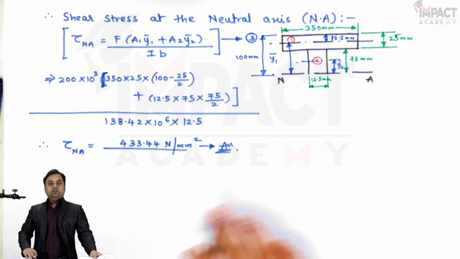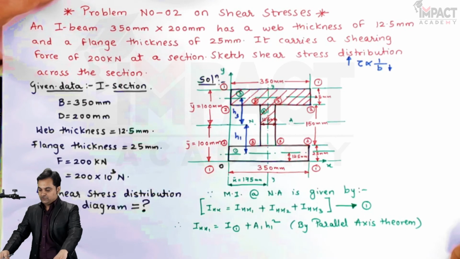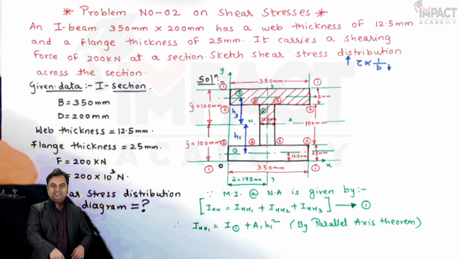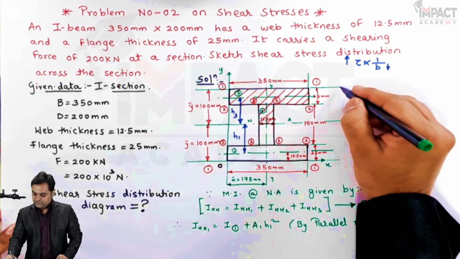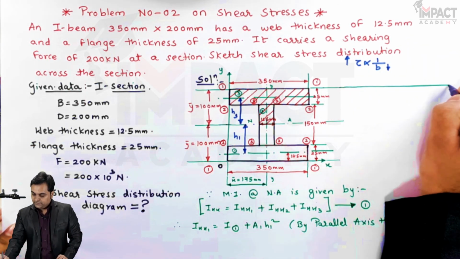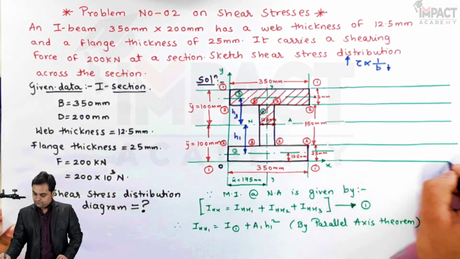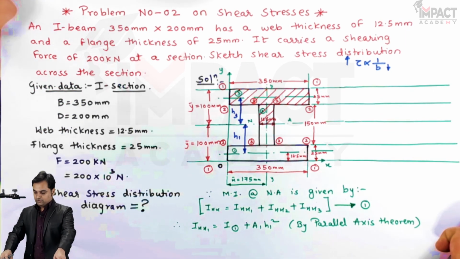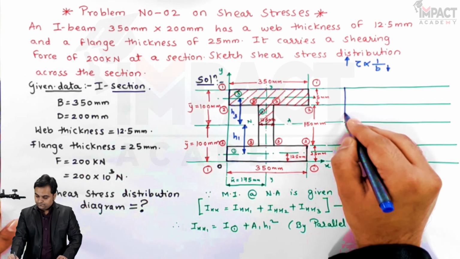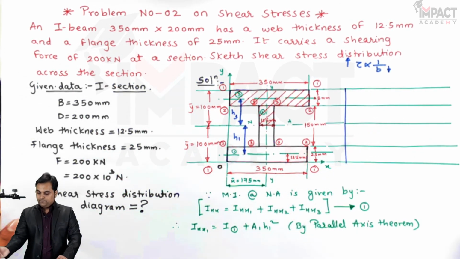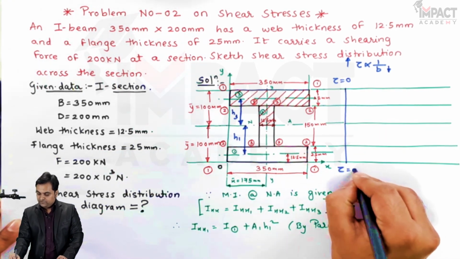Then after getting all the values of shear stresses, now I am going to plot the shear stress distribution diagram for this symmetrical I section over the depth of the section. For that I am just going to project these horizontal lines to the right. First draw a vertical line. Then tau at top and bottom, they are 0. We have seen it.